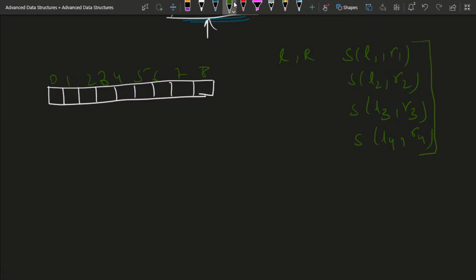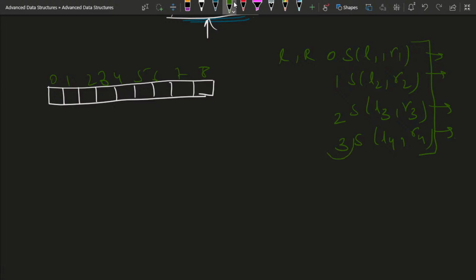Now suppose we have to output the result of these queries sequentially. Suppose the index of this query is 0, the index of this query is 1, then 2, then 3.